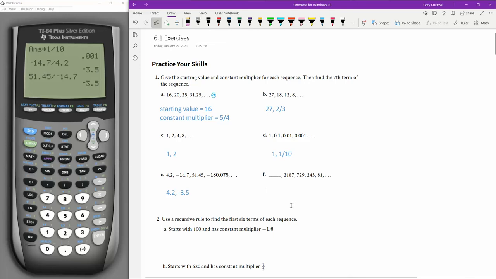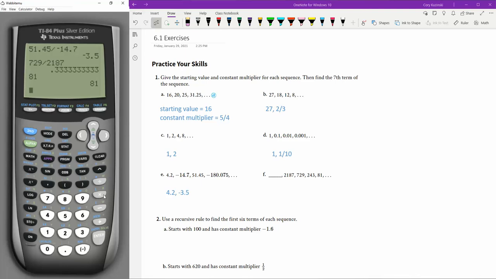And one more here. Oh, they didn't give me the starting value. So what I'll do is figure out the constant multiplier first. So I'll do 729 divided by 2187. That means my constant multiplier is 0.3 repeating, or 1/3. So if I work backwards, what's the opposite of multiplying by 1/3? It would be to multiply by 3.